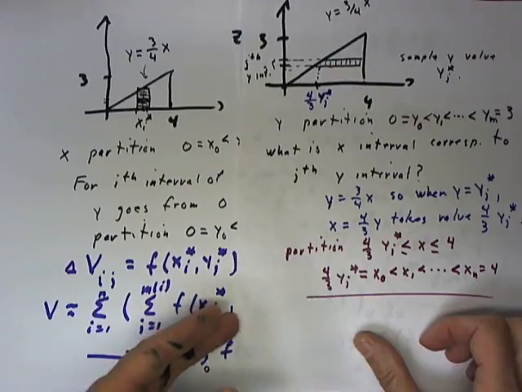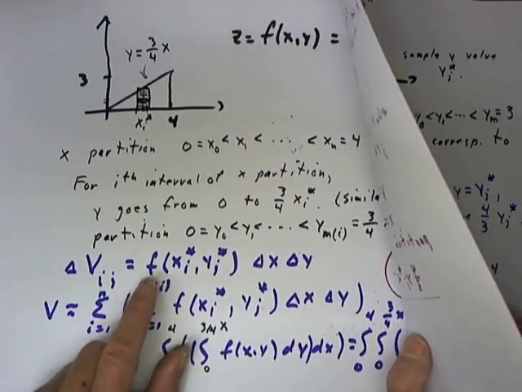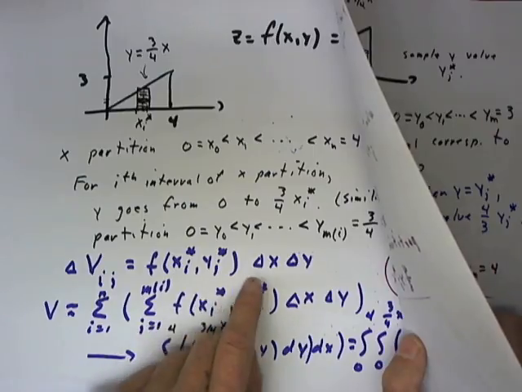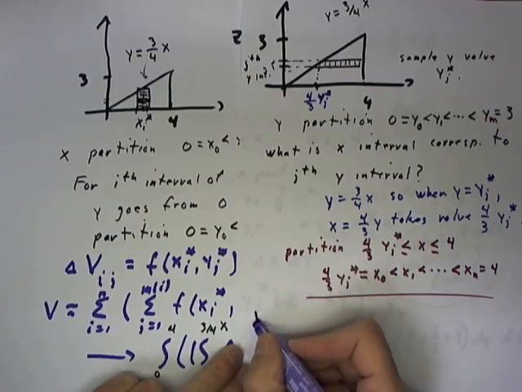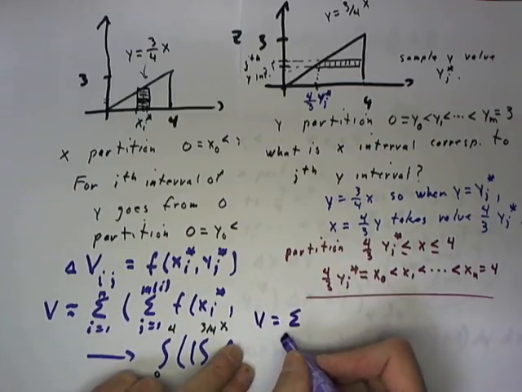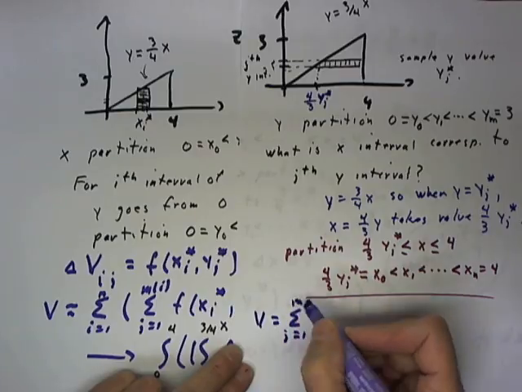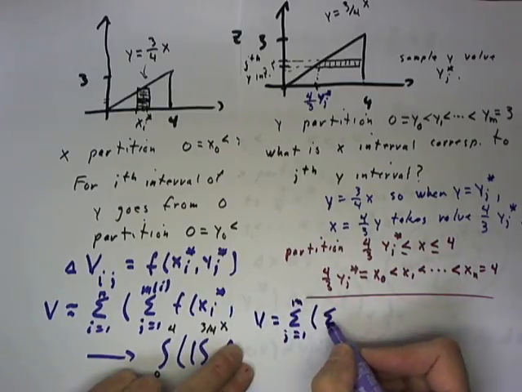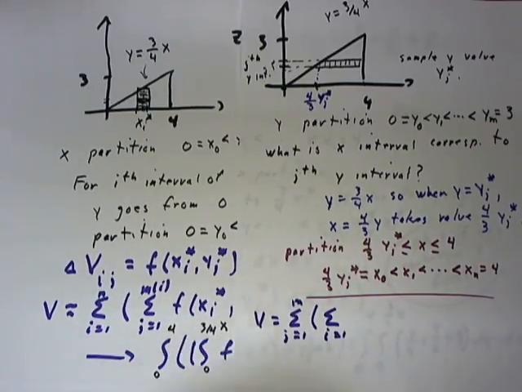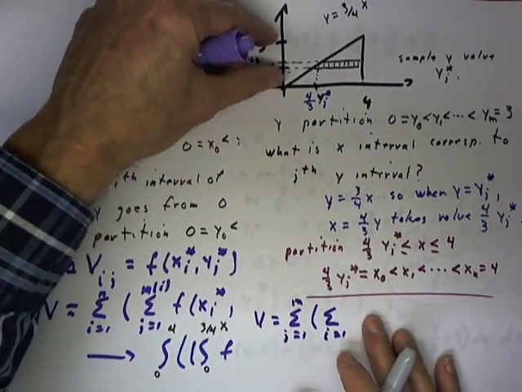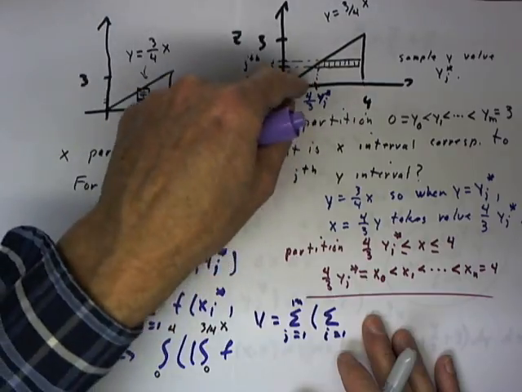Now our delta Vij is still going to be f of xi star yj star delta x delta y, so that our sum is going to look a whole lot like it did before. However, our volume is going to be the sum from j equals 1 to m of the sum from i equals 1 to n, and n is going to be different when we consider different y increments.